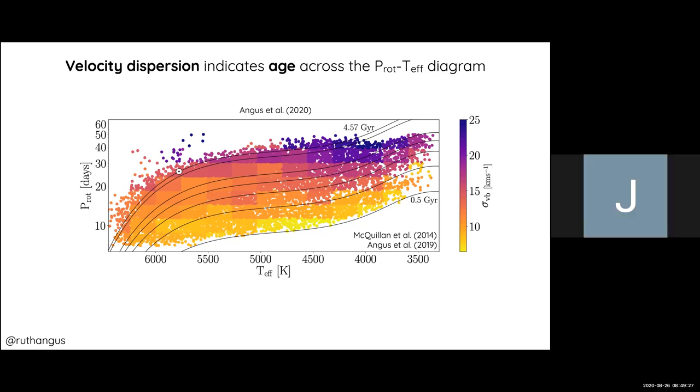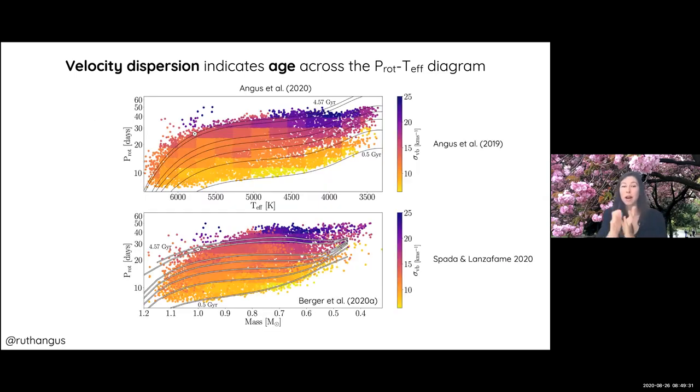But we did also compare with another set of gyrochronology models from Spada and Lanzafame. Those models are shown in the bottom panel here as white lines. I hope you can see them. And qualitatively speaking, their models seem to fit these field star data better.